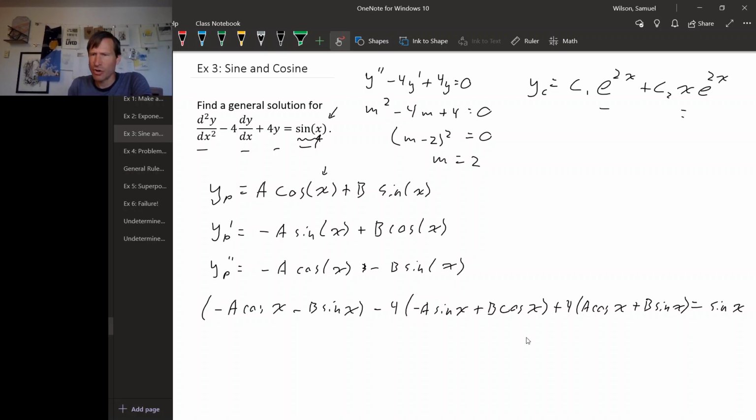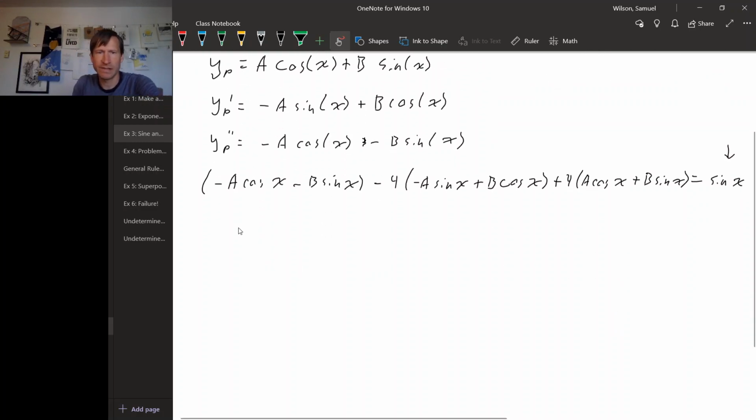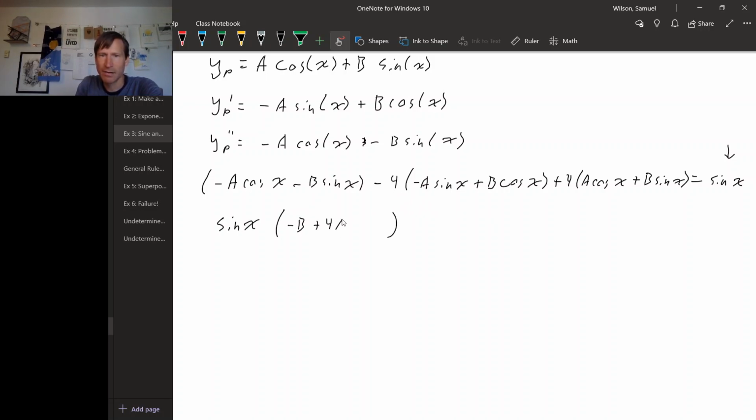Okay, so if we're going to compare this whole left-hand side to sine x, then probably we should gather up all the sine terms and gather up all the cosine terms. So let's see, our sine terms are, we have a minus b right here, we have a plus 4a right there, and we have a plus 4b right here.